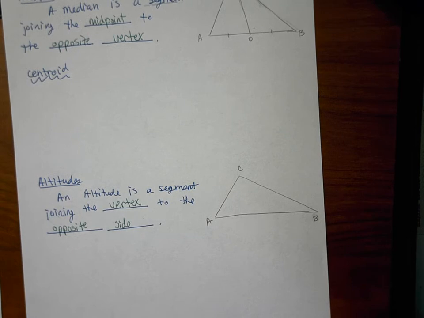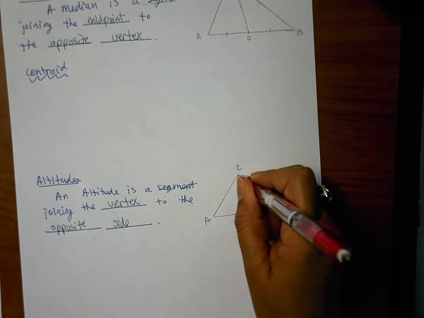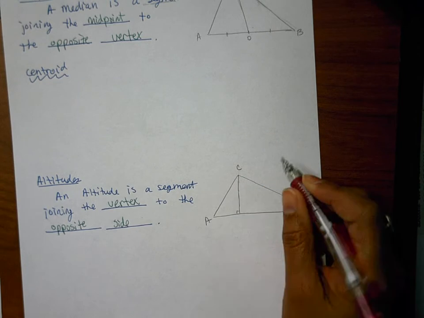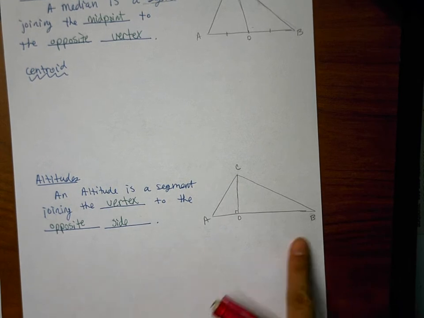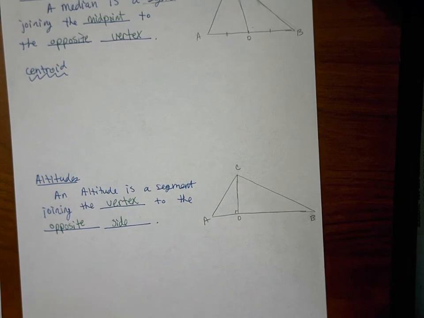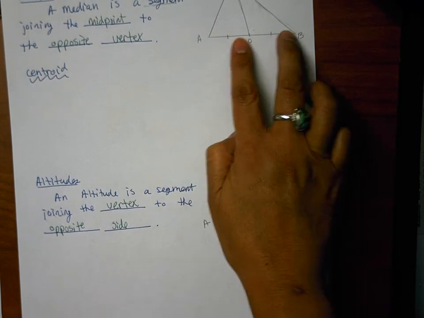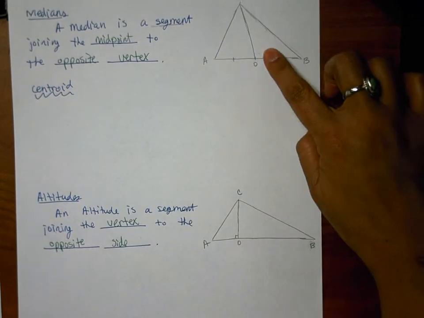Now, remember what I said about when you're joining things in like lengths, it's perpendicular. So altitude is perpendicular. So I'm going to call this the vertex, and I'm going to draw straight down so that it is perpendicular. CD is perpendicular to AB. Now, notice these are not congruent like they were up here.